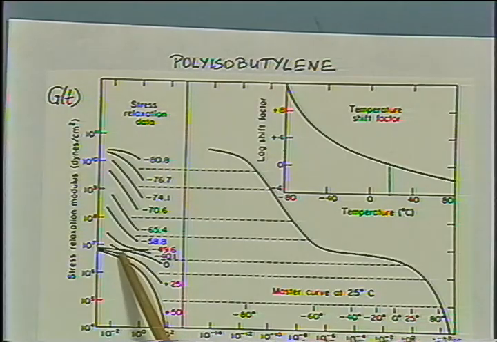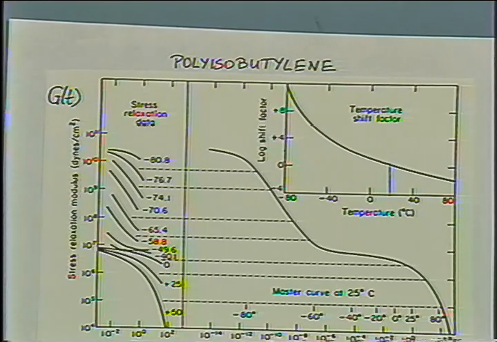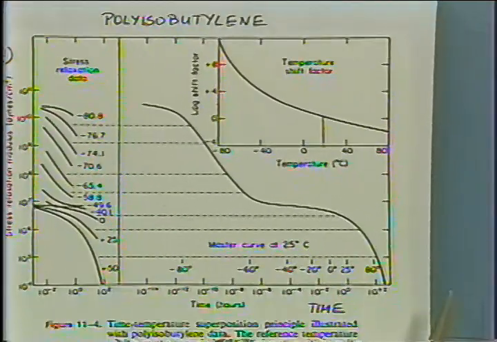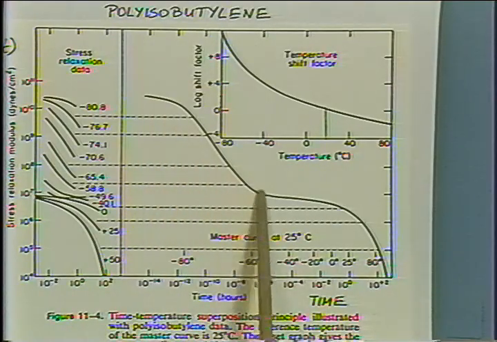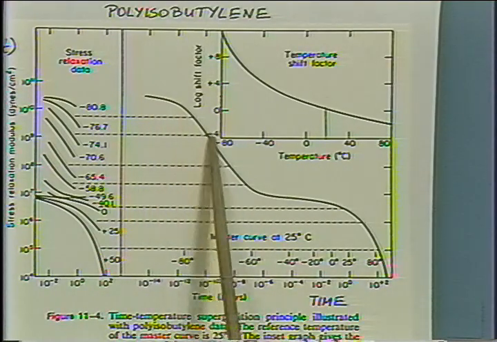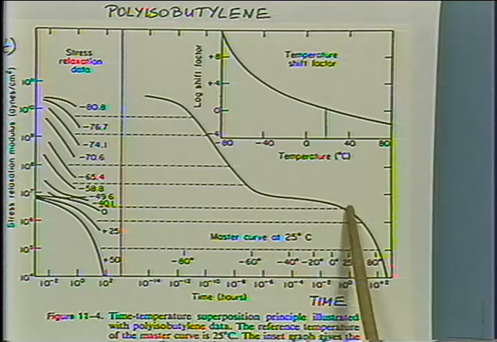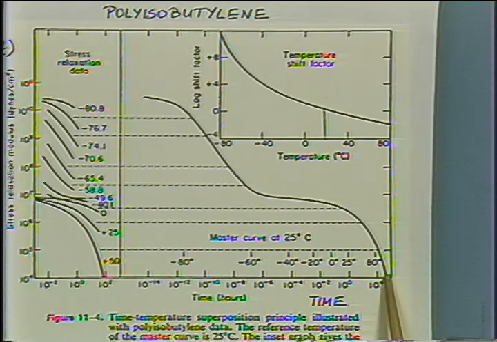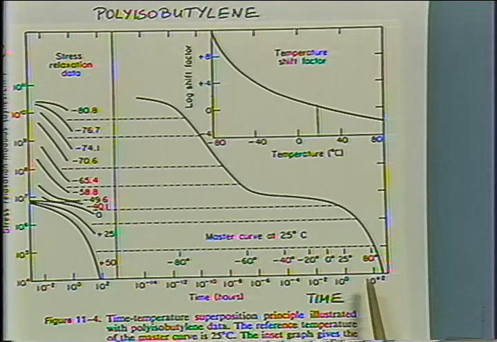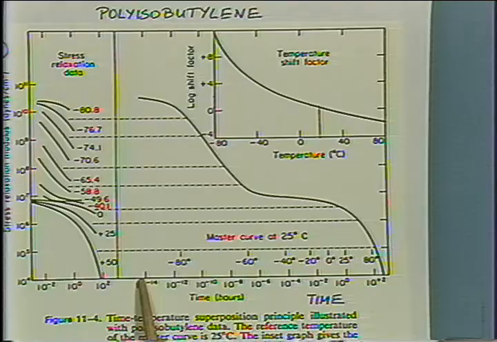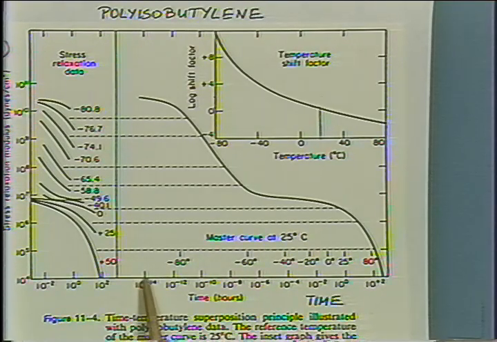Now, these curves were shifted by introducing the time scale t over aT, and then the curves resulted in a modulus curve, which has the glassy behavior here, glass transition, rubbery plateau, and flow behavior at very long times. Note that the experimental window has been increased drastically by this time-temperature superposition. Of course, Nielsen picked a nice example which had a high temperature dependence of those properties.